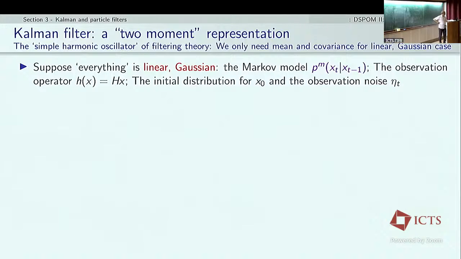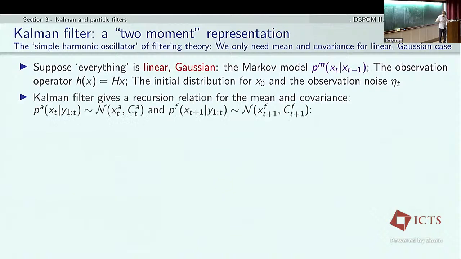So all we need to deal with for a Gaussian distribution are the means and the covariances. This is where the covariance will make its appearance. We represent everything in terms of the mean and the covariance. For PA, there will be a mean and covariance with a superscript A. For the forecast, there will be a superscript F for the mean and covariance.